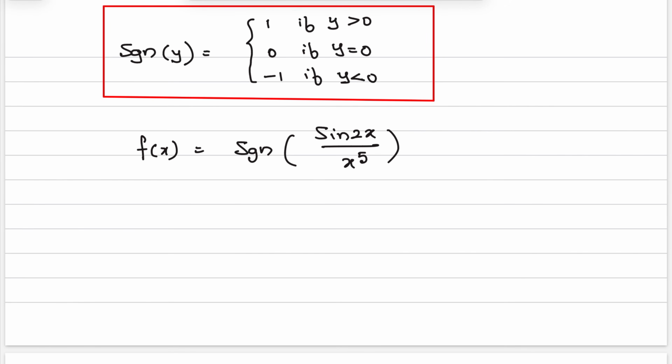Now just try to understand, if x is greater than 0, that implies x to the power of 5 will be greater than 0. And if x is less than 0, that implies x to the power of 5 is less than 0.